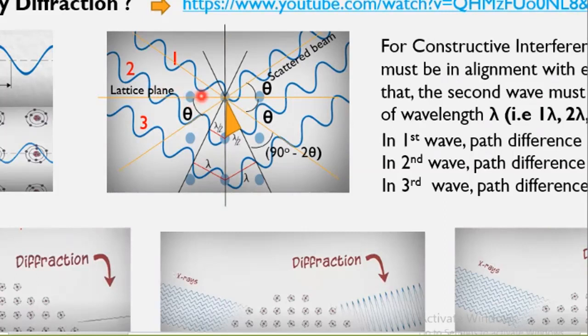Here we have different lattice planes. We can assume this is the first, and as we go deeper inside the crystal we have different lattice planes; you can take this as the second, or this as the third lattice plane.